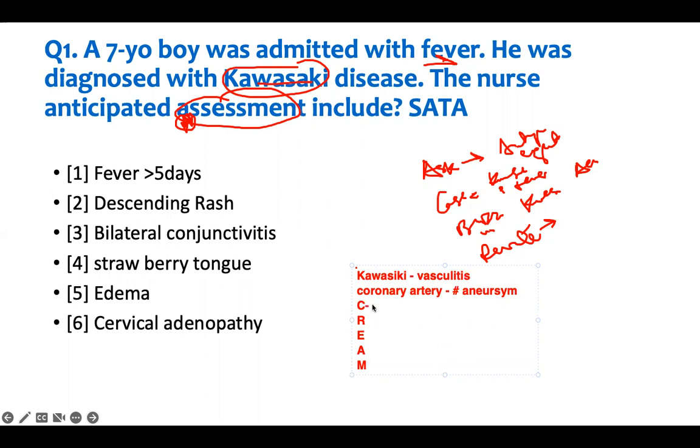And the C is bilateral conjunctivitis. So the eyes, both of them, they have conjunctivitis. Then they have rash that starts from the neck and runs down. So rash, and this rash is like erythematous rash or maculopapular rash.